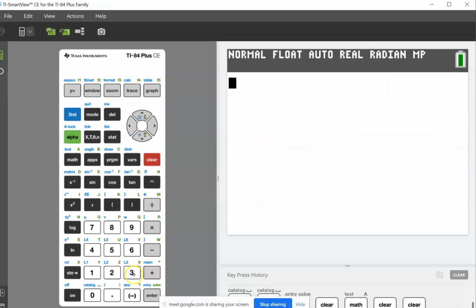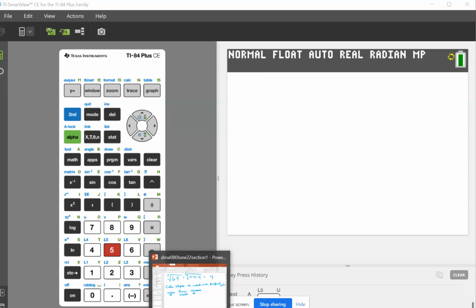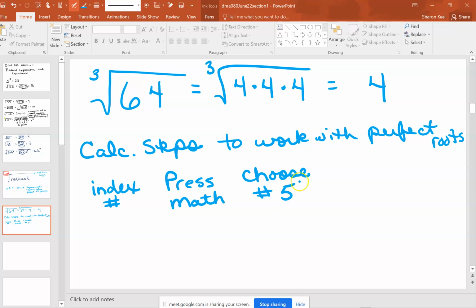So we're going to press 3 for the index number. Then math, and we're going to choose number 5, the one that has the X, the radical, and the blank here. And after that, you then type in the radicand, that number that's under the radical.